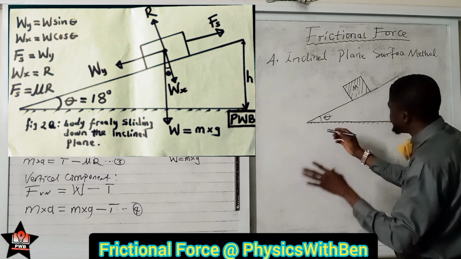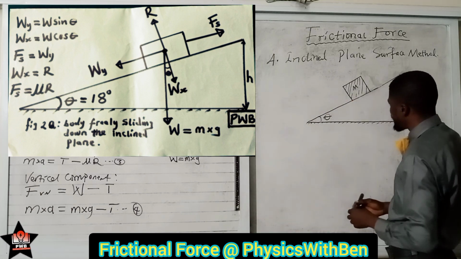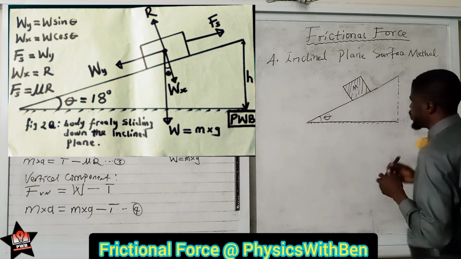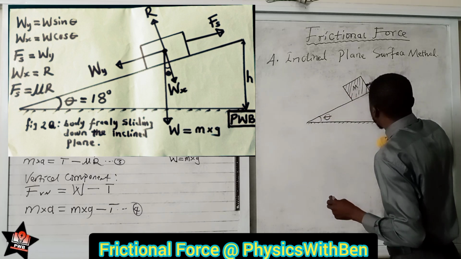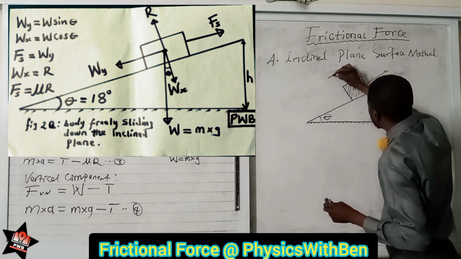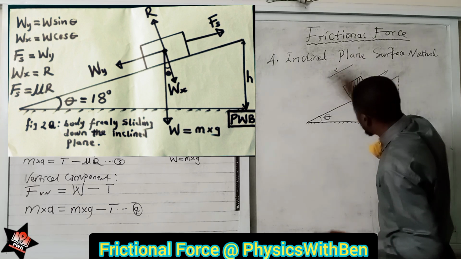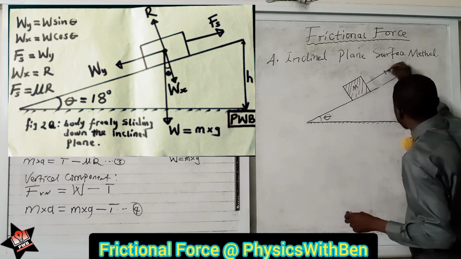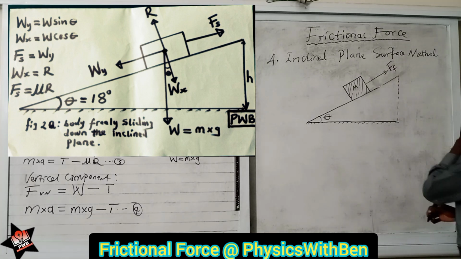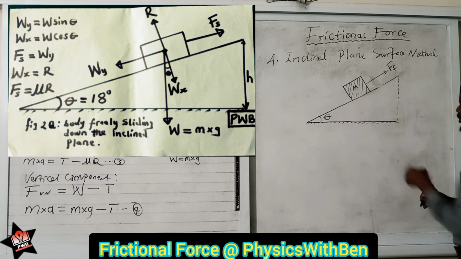So if the object will slide down naturally, or the angle will be increased so that it slides down, then this is what we have. The frictional force will act this way. Why? Because the direction of the motion of the object is this direction. So we write that our frictional force, small f, is there, because friction will always act in the opposite direction to where the object is moving.